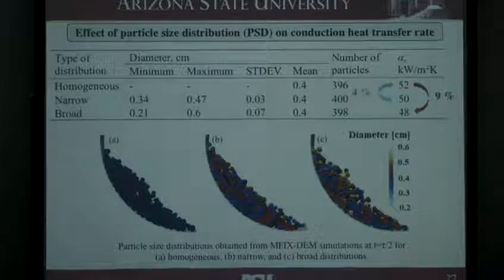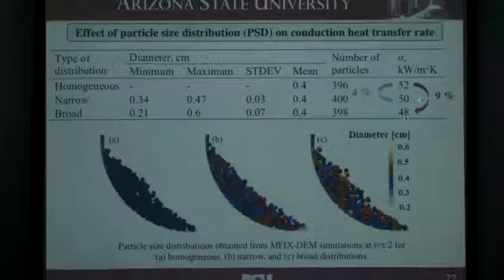Okay, we wanted to look at this just a little bit more, looking at the breadth of the distributions and that effect on heat transfer. So we have a homogeneous distribution, so same particle sizes, a narrow distribution, and then a broader distribution. And we looked at the effects on the overall heat transfer coefficient.